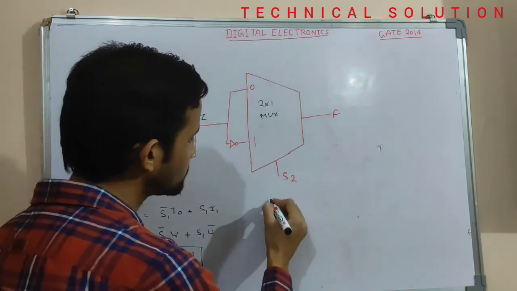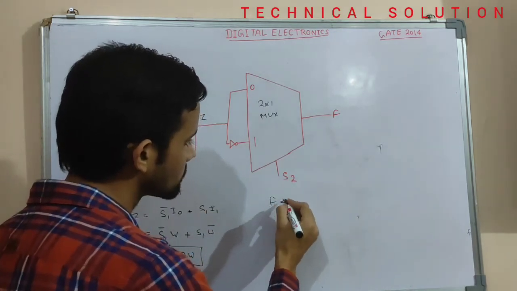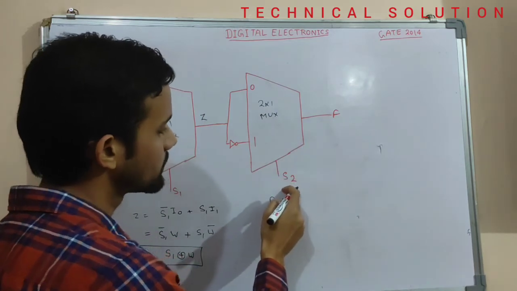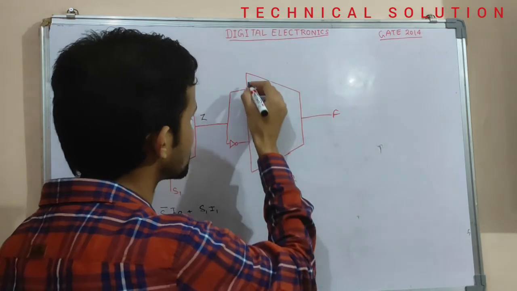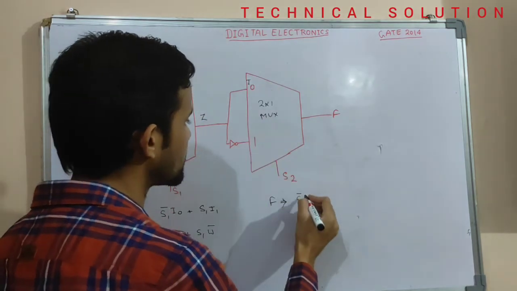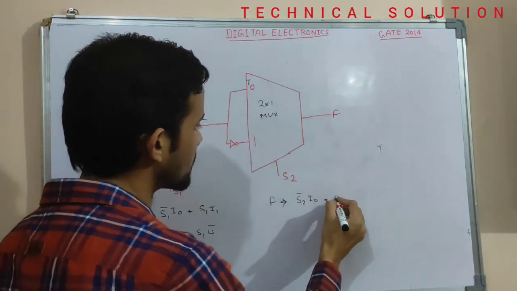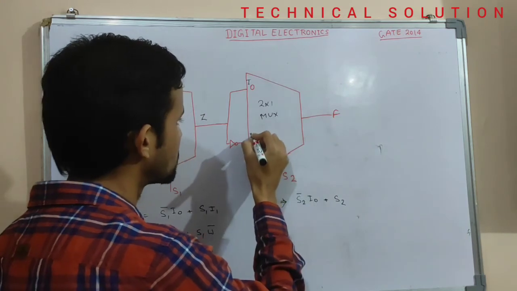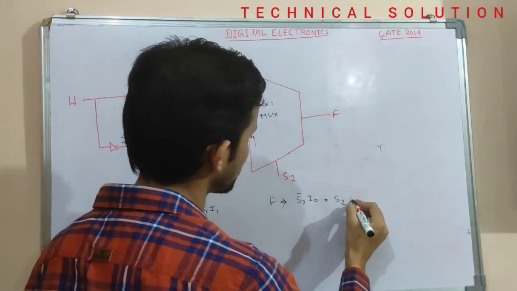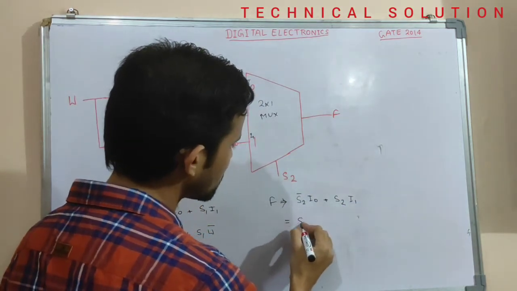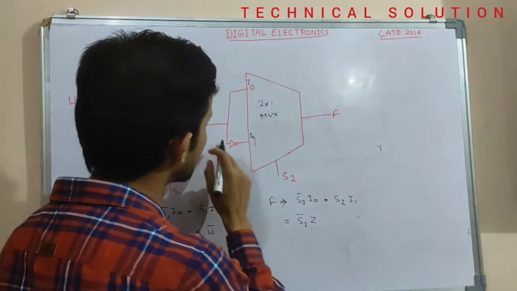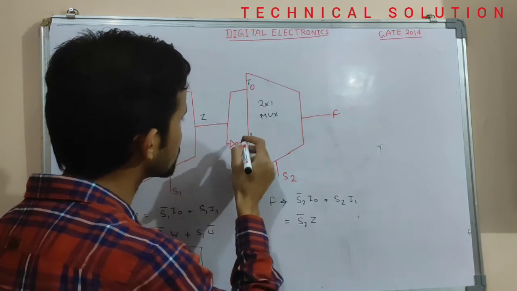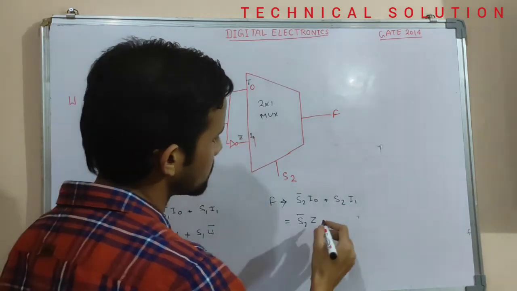This Z behaves as an input for the second multiplexer. So write the output function f for this multiplexer. If it is S2 bar, then I0 is passed, and if it is S2, then I1 is passed. Here I0 is given as Z, and this is passed through an inverter, so I1 becomes Z bar.